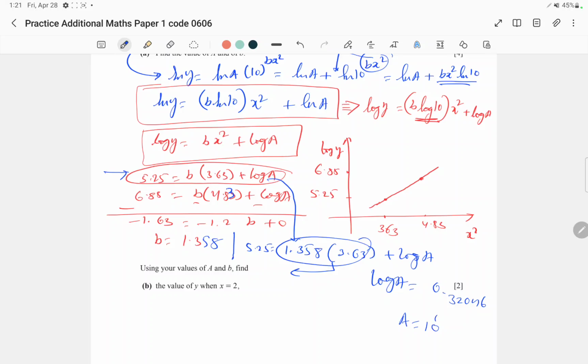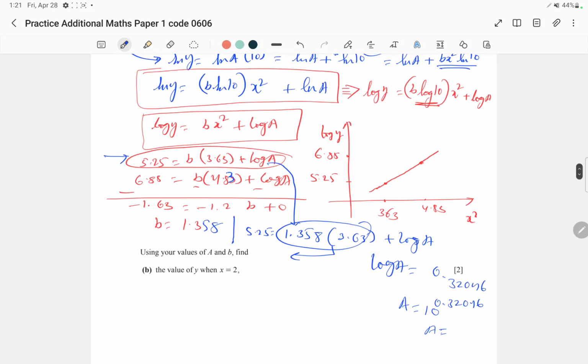So a is 10 to the power 0.32046, so I got 2.09. So b should be 1.358, or you can say 1.36, and a should be 2.09.